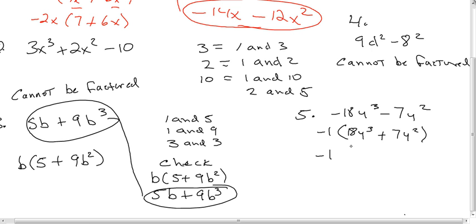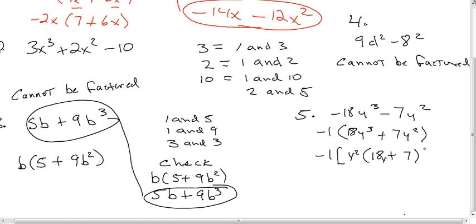Okay, so we have a -1, and then what we want to do here is put that inside a bracket, and in here we're going to put y squared, and in a bracket 18y plus, and out of y squared we can pull out y squared from 7y squared, and that's just going to leave us 7.